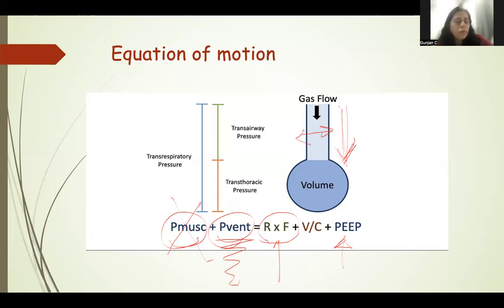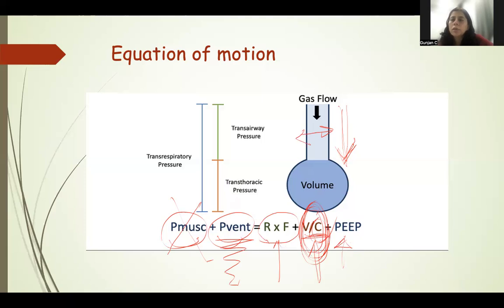And the work done to overcome the elastance of the lungs, or the poor compliance, depends upon the tidal volume you deliver divided by the compliance of the lungs. Elastance and compliance are opposite terms. So there are three works that a ventilator does.